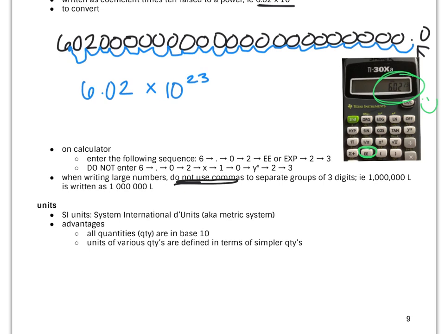Because in other countries, say in Europe, instead of using decimals, they actually use commas. So if they were talking about like $1.23, even though they wouldn't talk about US dollars, but whatever, go with it, then they'd use a comma instead of a decimal.